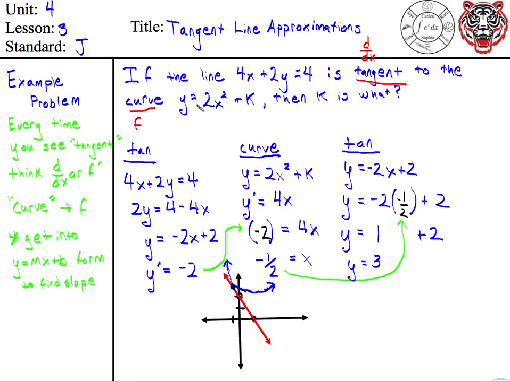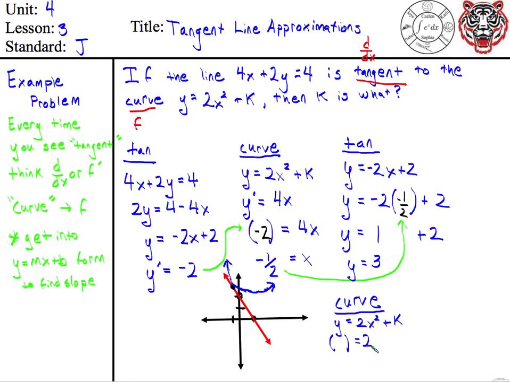So plugging into our original curve function again to solve for k, here we go. This is going to be my final column down here. So we're talking to our curve again. Y equals 2x squared plus k. And we're going to plug in our x and our y.